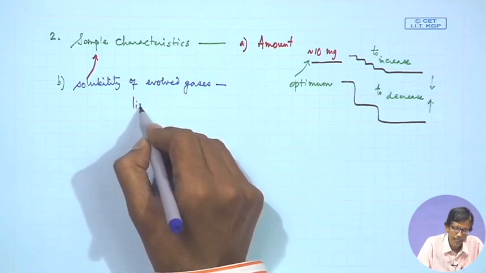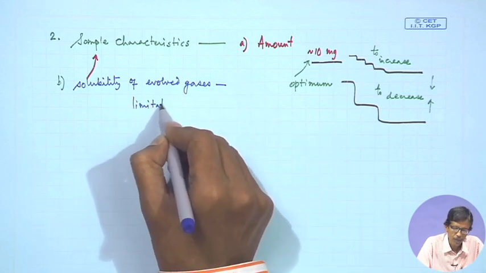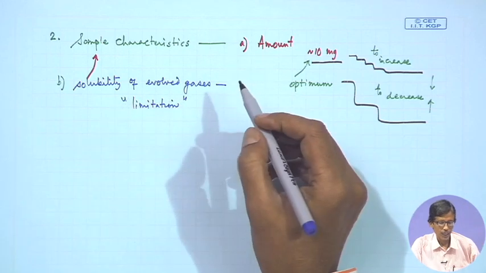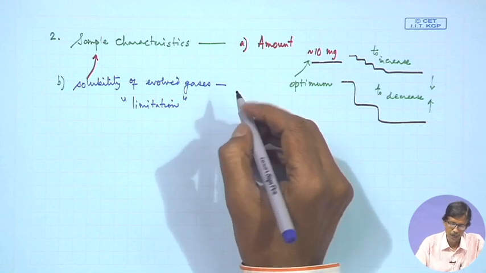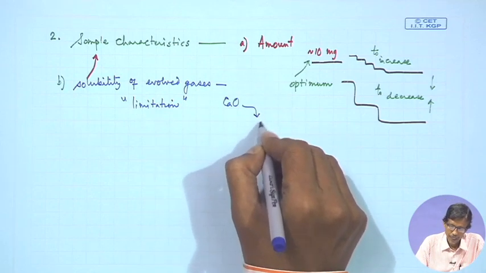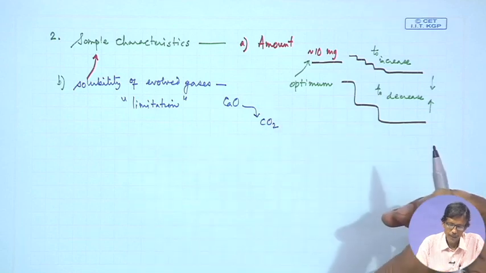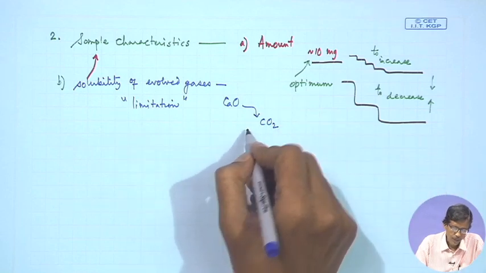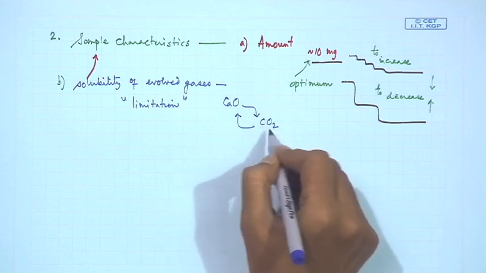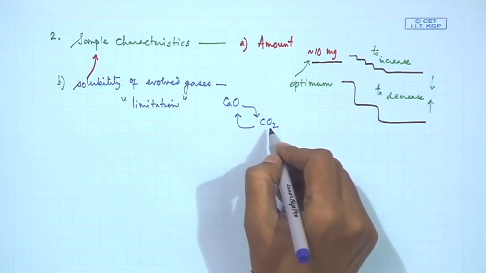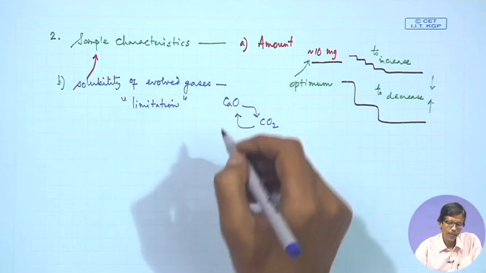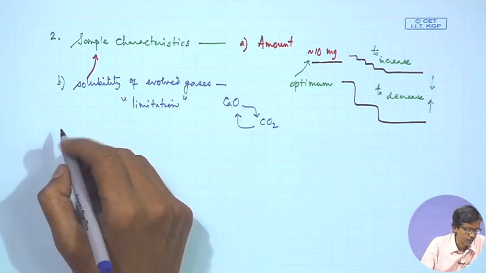So, it is basically a limitation for the process, and we should be very careful about whatever gas is coming out. Suppose calcium oxide is forming by the elimination of carbon dioxide from calcium carbonate, but if this calcium oxide is soluble in this particular gas, we get something different, that means calcium oxide will still be there and we will not be able to see the weight change.